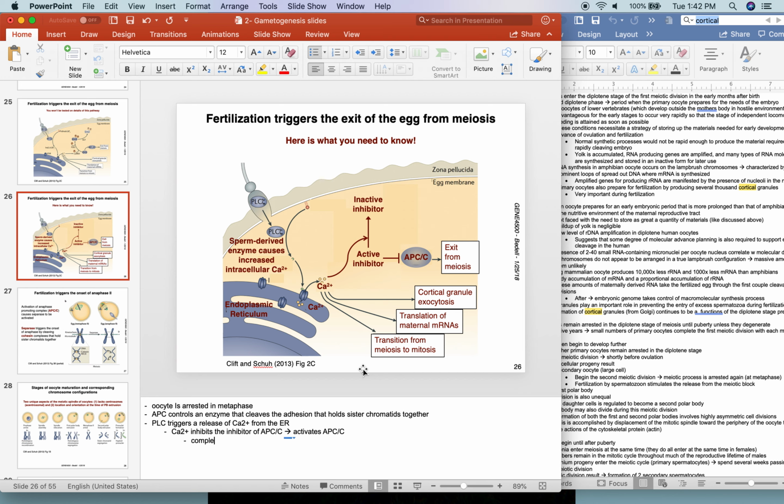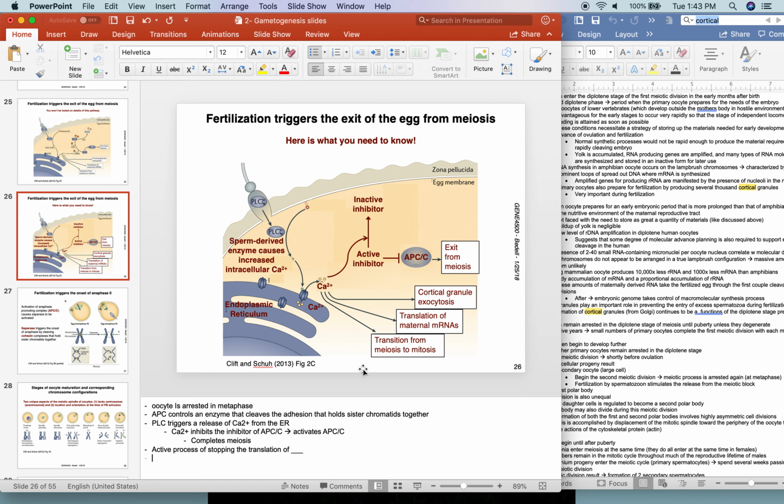It also triggers translation of maternal mRNAs. The cytoplasm of the oocyte has a lot of mRNAs that have been transcribed, but there's an active process for stopping the translation of the vast majority of them. So part of the importance of the cytoplasm of the oocyte for the early embryo is that shortly after fertilization, those maternal mRNAs will get translated.